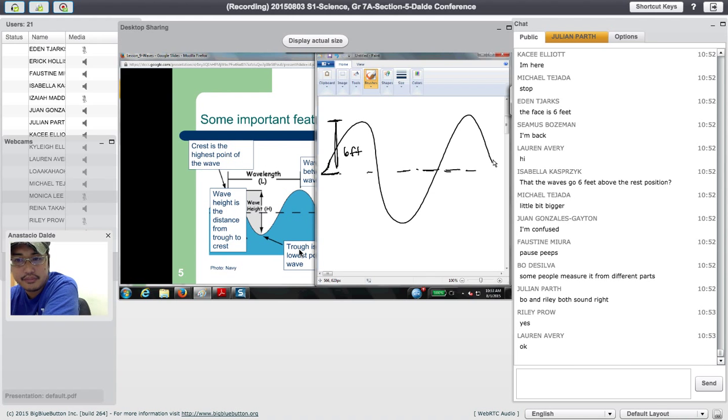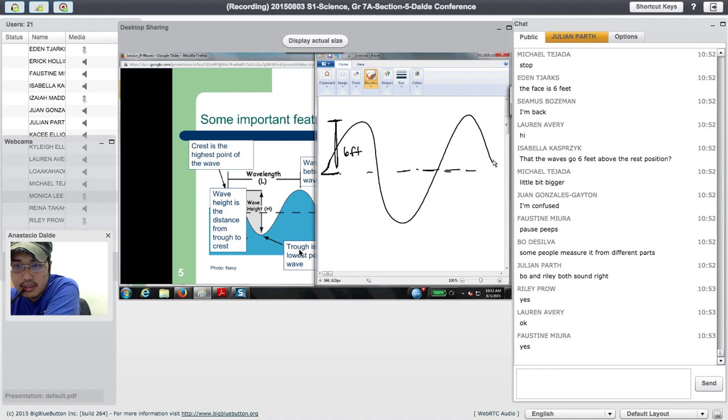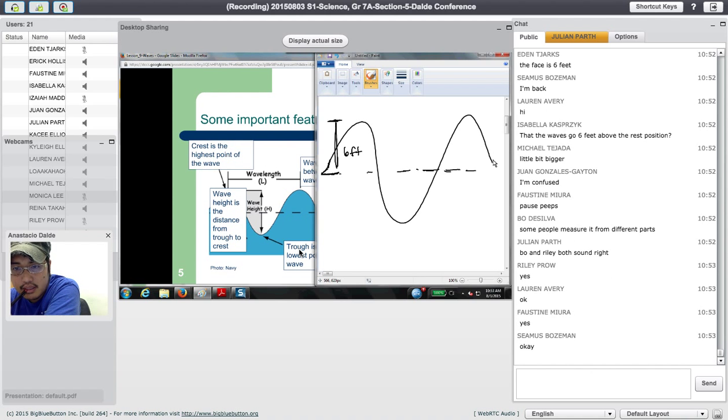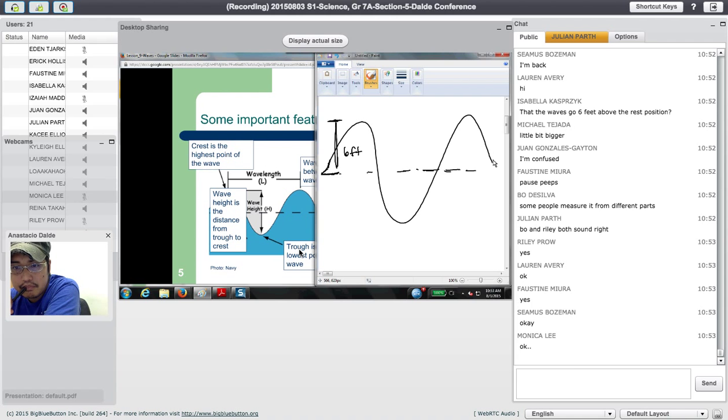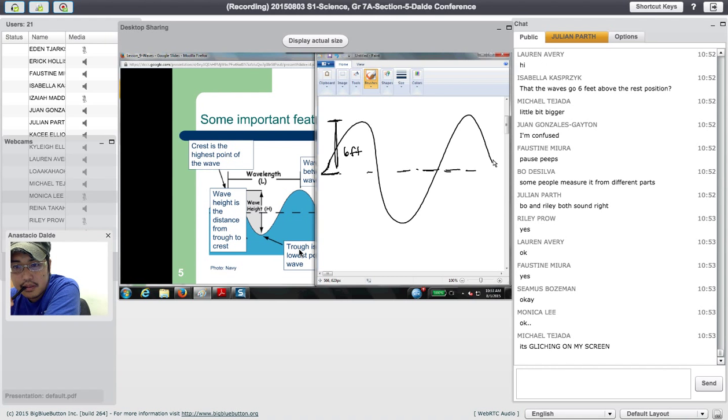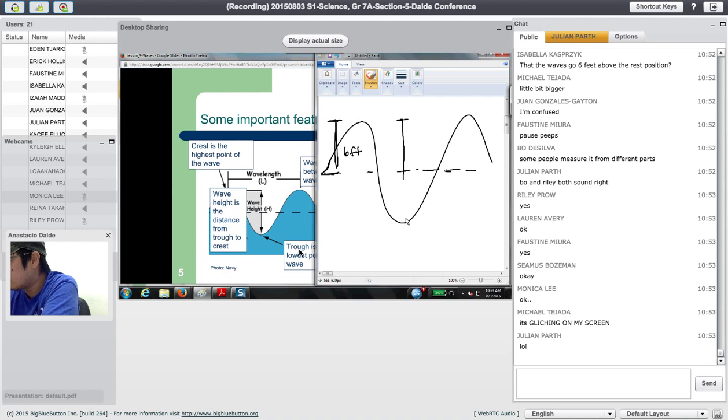Got it? Whereas we've got Eden and Bo, and maybe Riley was saying this is 6 feet tall. You guys understand?